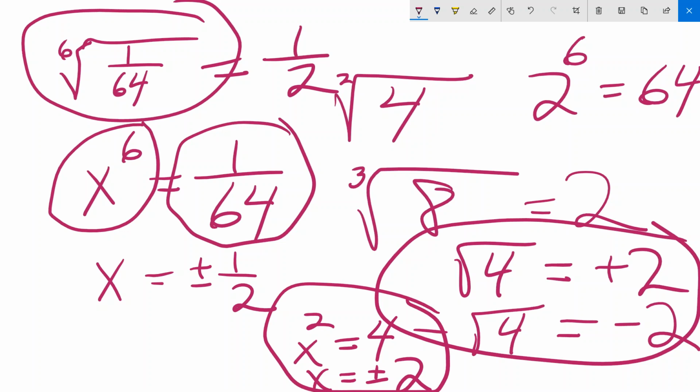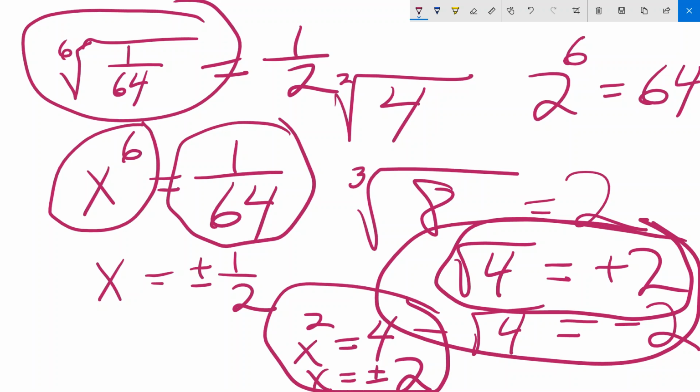That is a true statement all day long, and so are both of these. Basically, when you see a radical sign without a sign in front of it, we assume the sign is plus. So this is definitely plus 2 only. But when I am solving an equation where I have to take the square root or the 6th root of both sides, my answer is always plus or minus.